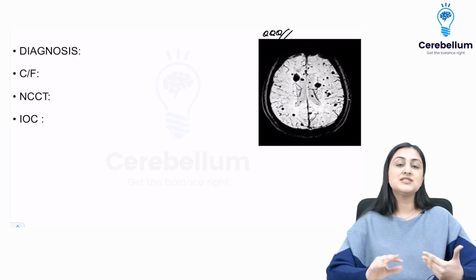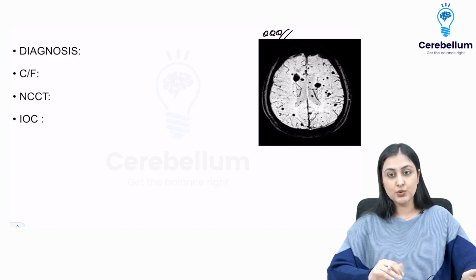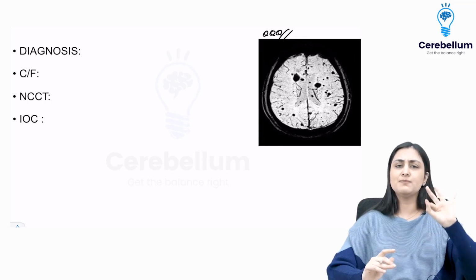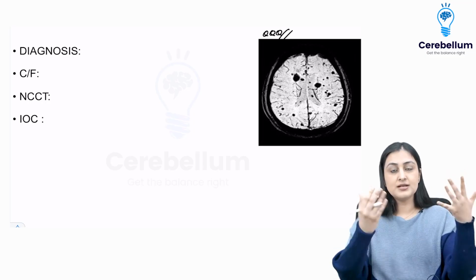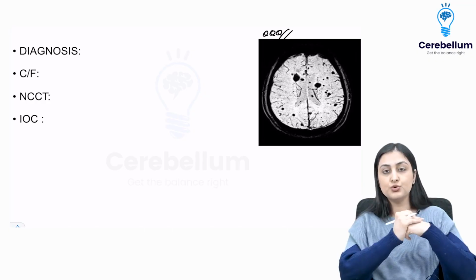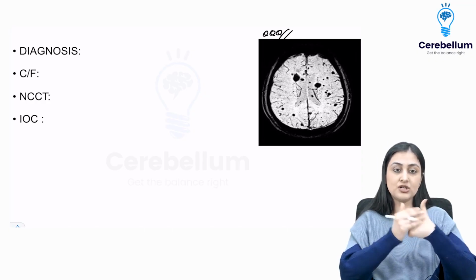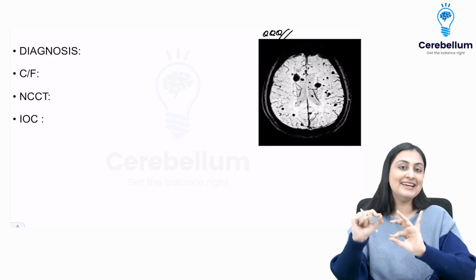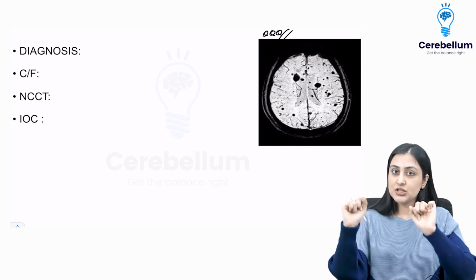After this, his GCS is very low or the patient is comatose. The CT scan was normal, or it showed minor petechial hemorrhages, something that does not explain the degree of low GCS or the neurological status of the patient. So in this case, you want to rule out the entity DAI, diffuse axonal injury.